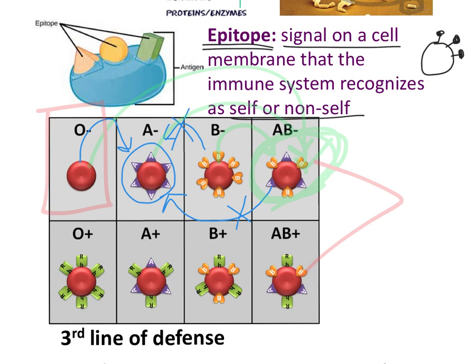But the opposite is not true. If I'm a negative blood, my body doesn't know what those green proteins are. So if I get those green proteins, my body would say, oh yeah, these green proteins don't belong. So they would try to kill it. So that's a little bit of an example of epitopes.